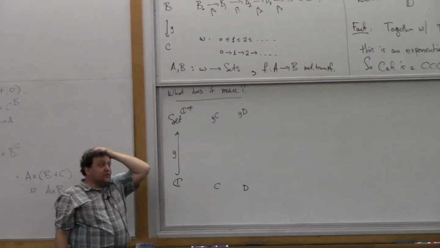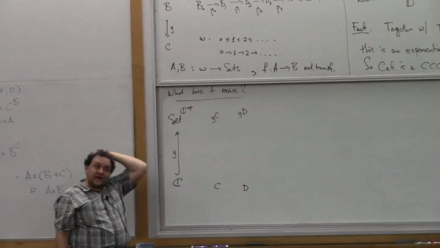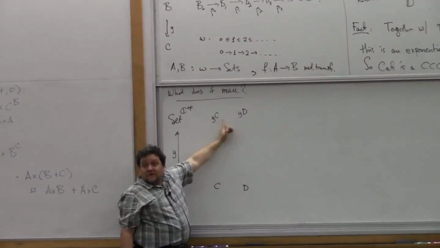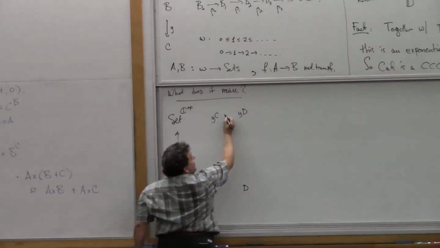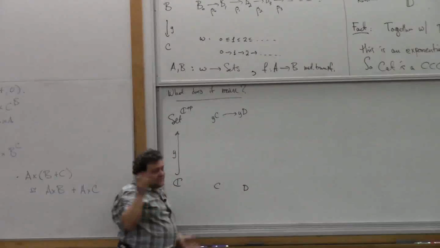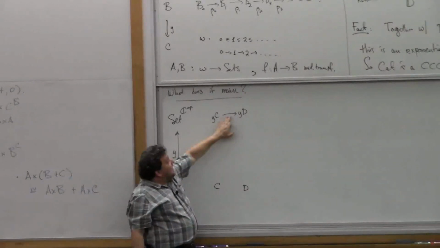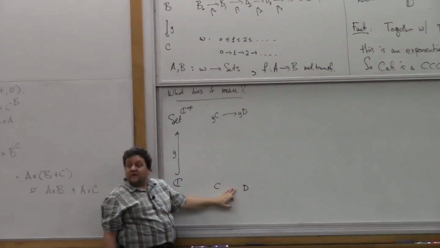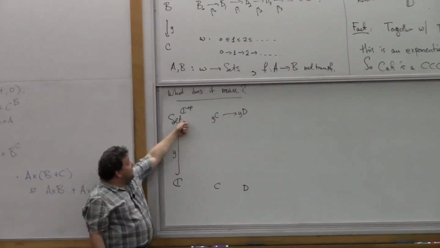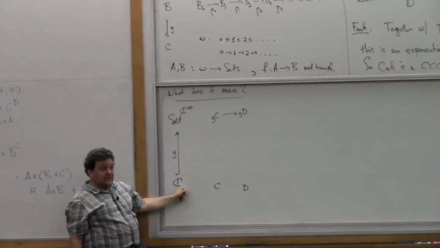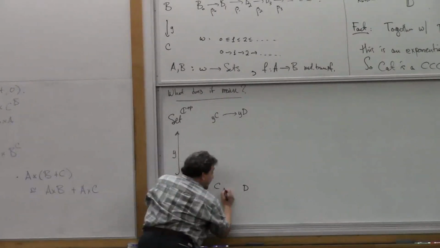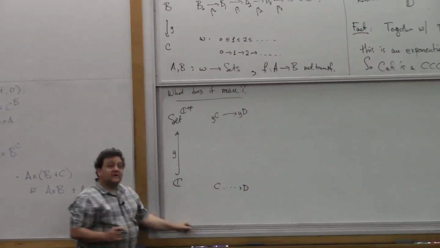We use the polymorphic lambda calculus up there to prove something about the images of C and D. For example, we'll prove that there's a map here, just to have something. And now what we'd like to know is we can reflect that information back down to C. Even though the methods of proof don't exist down here in C, because C is maybe some very meager category, we can still find a corresponding thing down there.